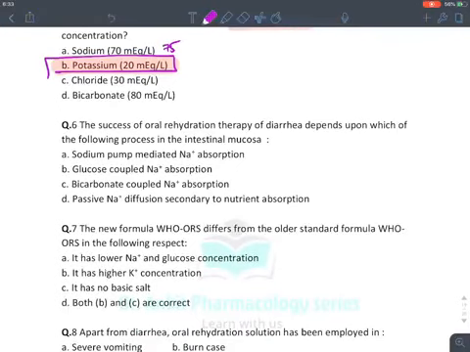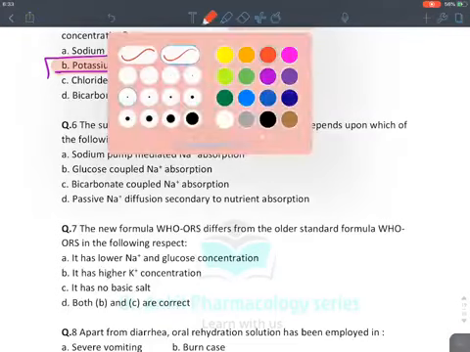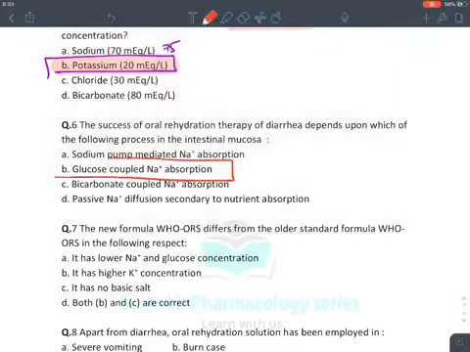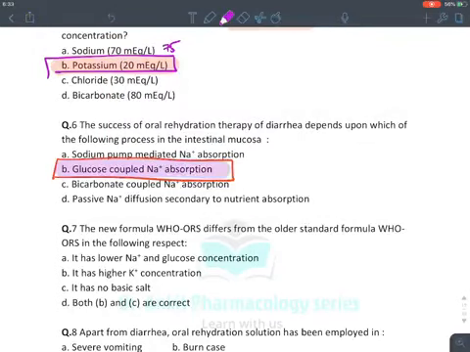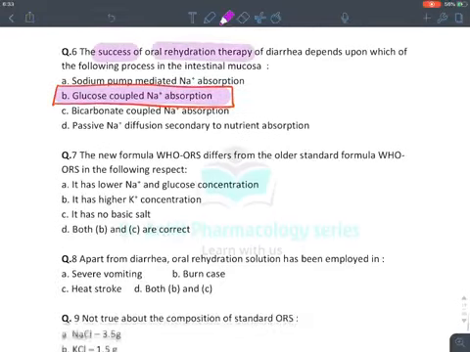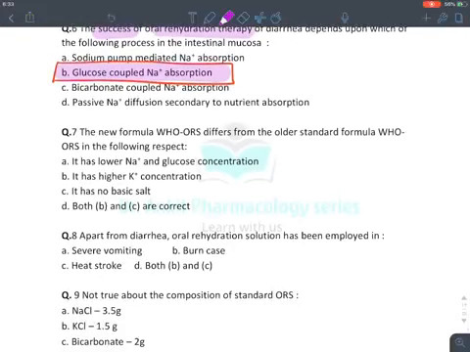The success of ORS in diarrhea depends upon which of the following processes in intestinal mucosa. The main success of ORS is due to addition of glucose, because this glucose helps in absorption of sodium. Okay, this is the success of ORS.